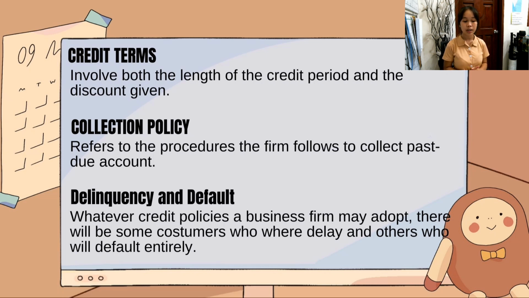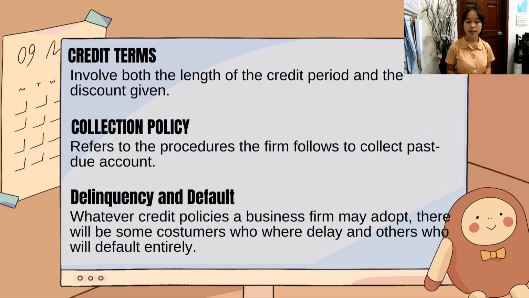Collection procedures affect these factors within a reasonable range. The greater the relative amount spent on collection procedures, the lower the proportion of bad debt losses and the shorter the average collection period, all other things remaining the same. So a balance must be struck between the costs and the benefits of different collection policies.